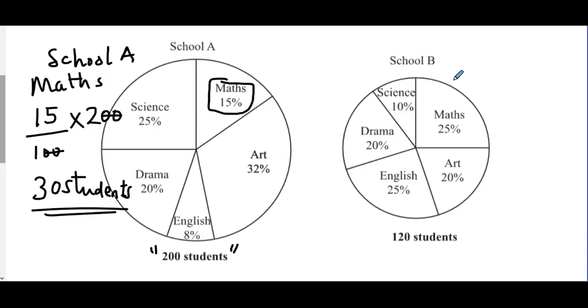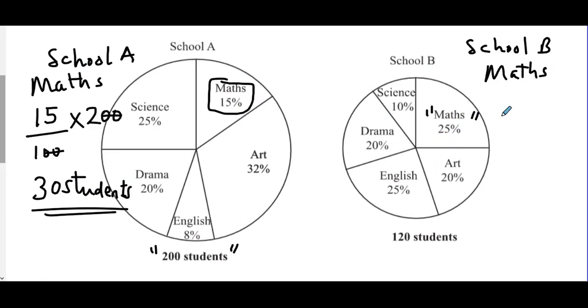How about school B? You do the same thing. You take maths. So this is school B, and then you write the subject maths. And then you want to know how many students in school B prefer maths.